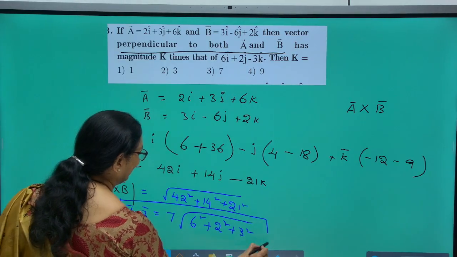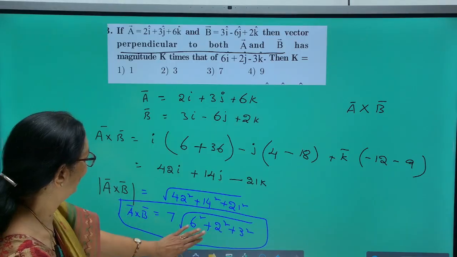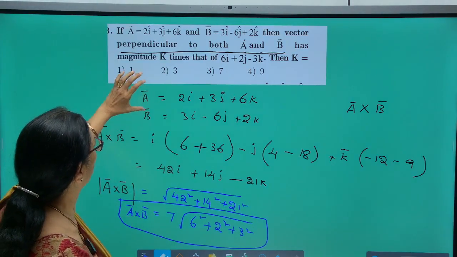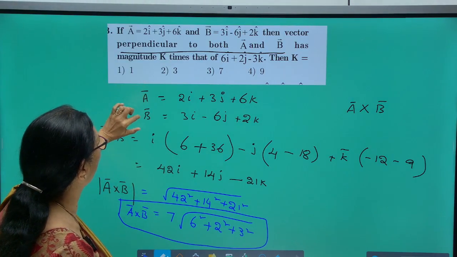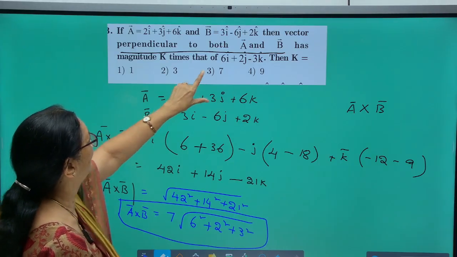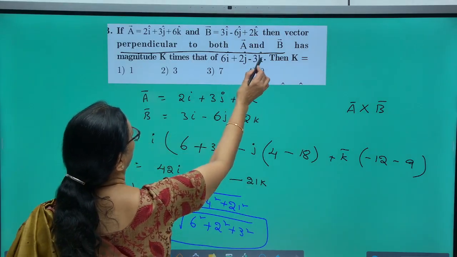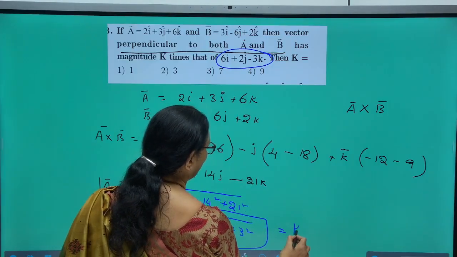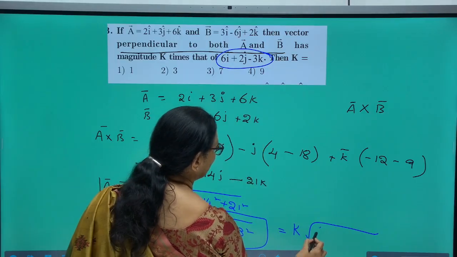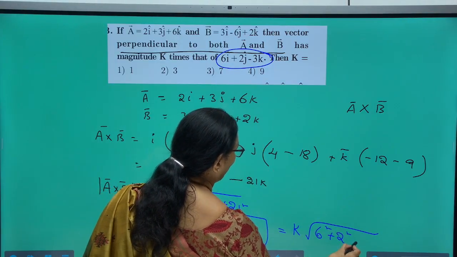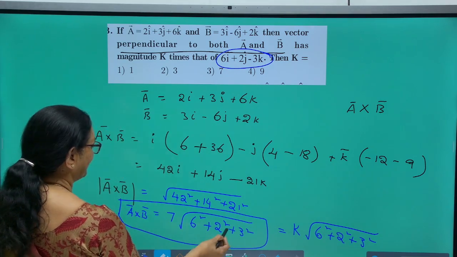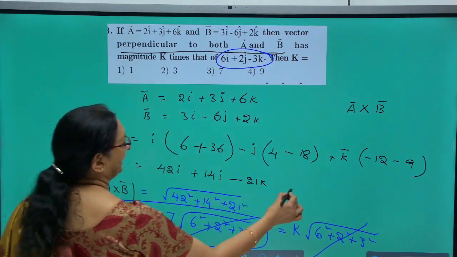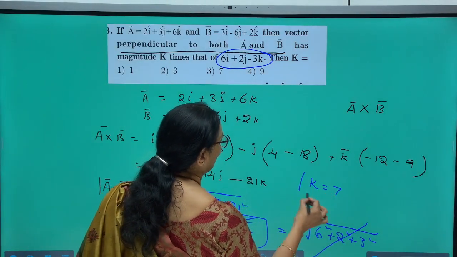Look, you can do the calculation very easily. Just if you look at this, what is given in the problem? The magnitude of the vector which is perpendicular to both A bar and B bar has magnitude k times the magnitude of this vector. Look here, its magnitude is k times root of 6 square plus 2 square plus 3 square. If you observe, this 6 square plus 2 square plus 3 square gets cancelled, and k is equal to 7.